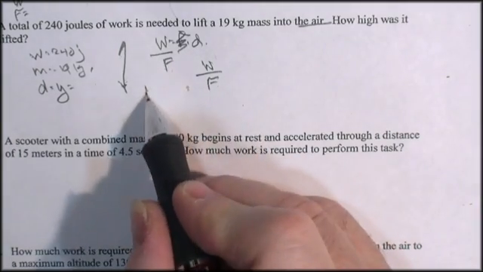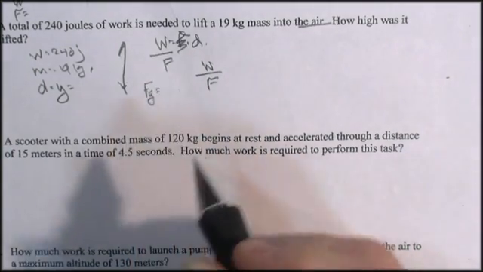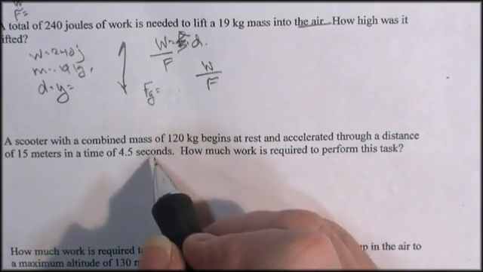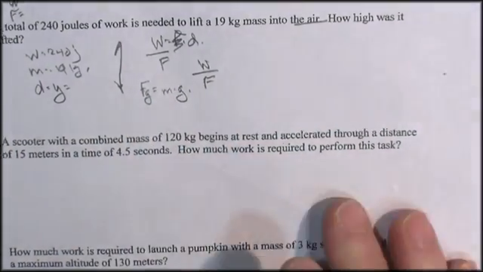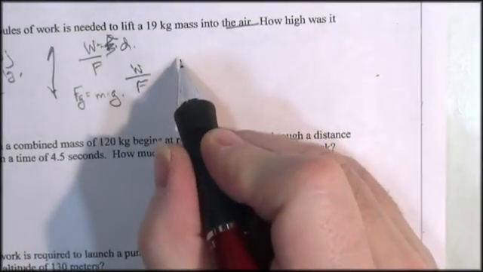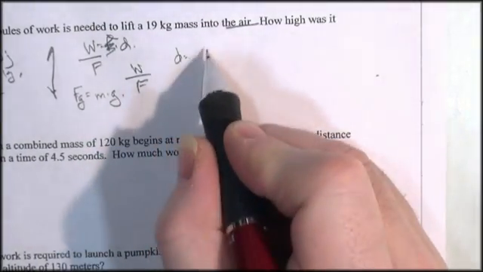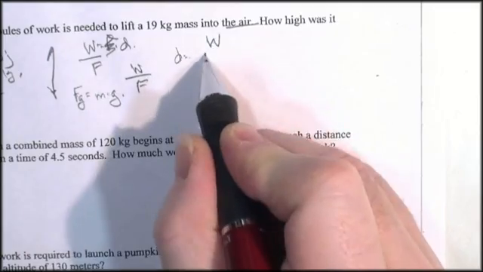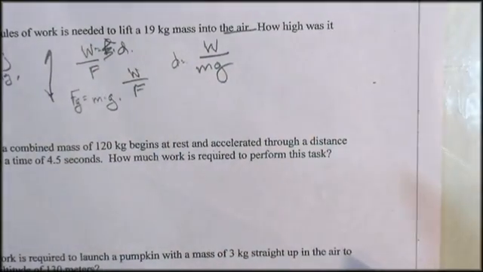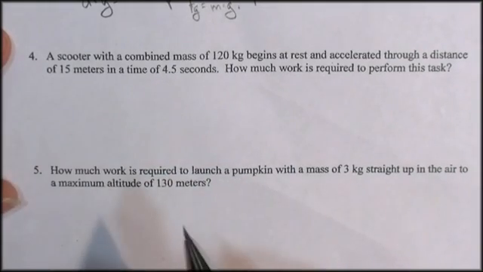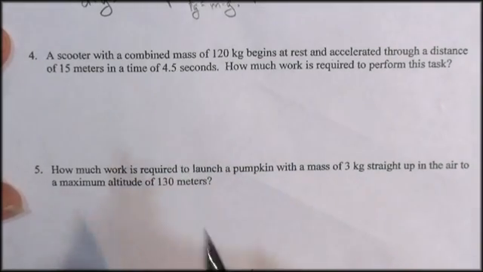Well, we've got to fight gravity, and a common word for the force of gravity is weight, and that's mg. So we could write this equation as the distance in the air is equal to the work divided by the weight of the object.